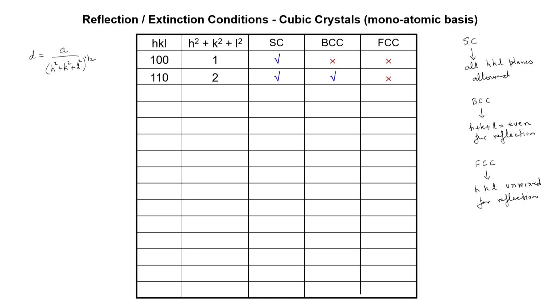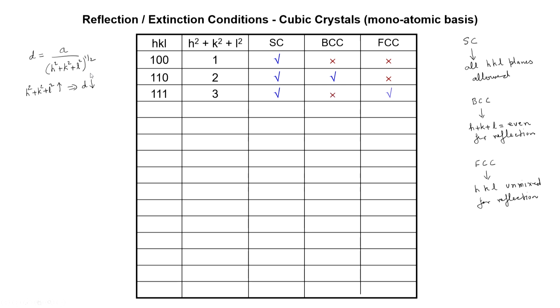There is only one parameter to be considered for a cubic crystal. Now, as h squared plus k squared plus l squared increases, and since it is in the denominator, the interplanar spacing d decreases. So, I am ordering these hkl planes in decreasing order of the interplanar spacing. Now, consider the 1 1 1 plane.